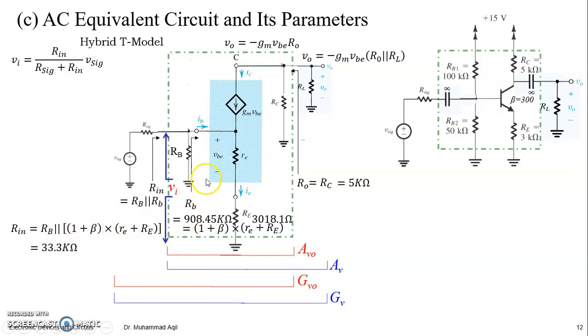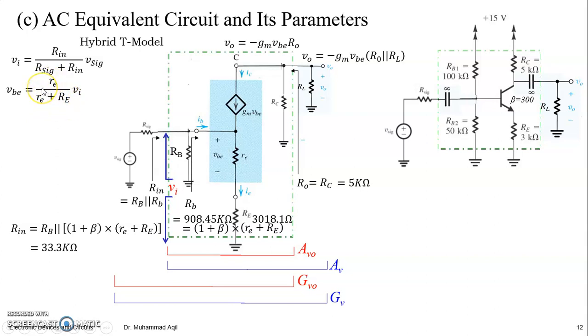And out of this Vi, VBE is the voltage which will develop across small re. So VBE will be a part of Vi, and it can be found by the voltage divider: re divided by re plus RE.